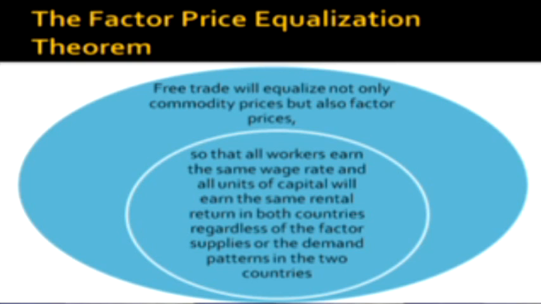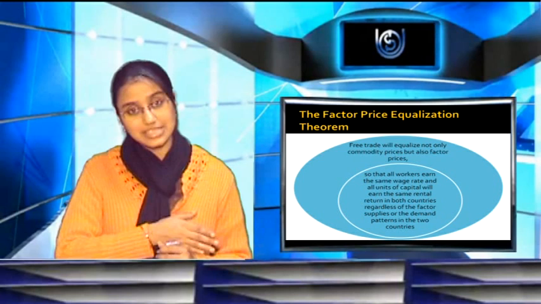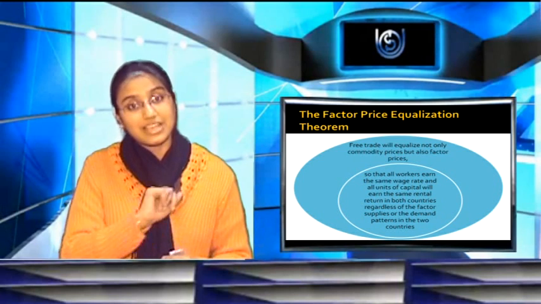Factor price equalization is not only taking commodity prices into consideration. They are not considering that only a commodity or product price equalizes. They also include the factor prices in it. That means there must be equalization in the factor prices.